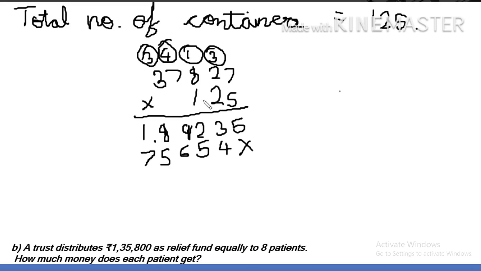Now we have to multiply by 1. 1 sevens are 7, 1 twos are 2, 1 eights are 8, 1 sevens are 7 and 1 threes are 3. Let's add them all.